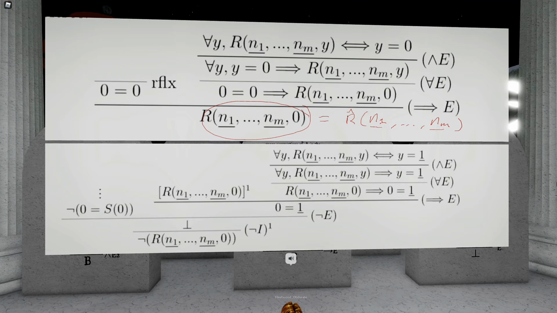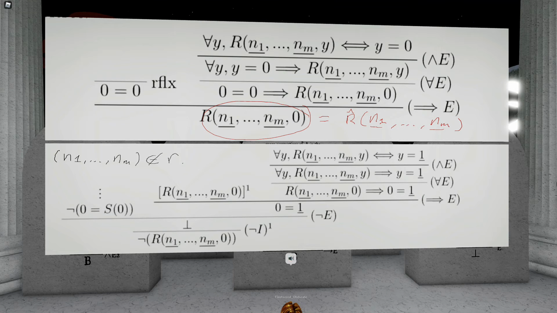So now we can look at the second screenshot that's presented here. Is this the right thing? Yeah, this is the right thing. So what's happening here is now we're assuming that n1 up to nm is not an element of R. So I'll write that up here. Assume that n1 up to nm is not an element of lowercase r. Okay.